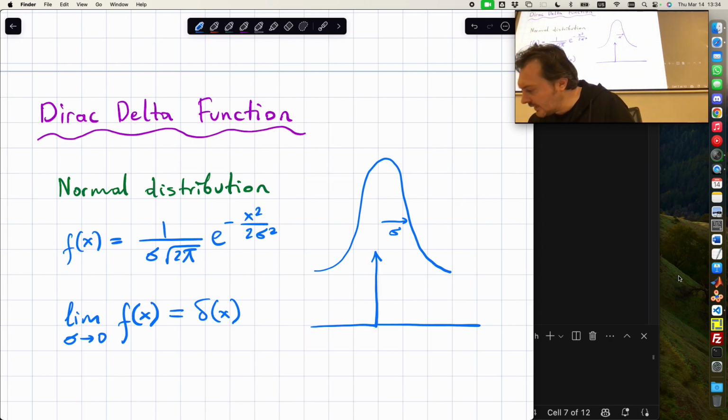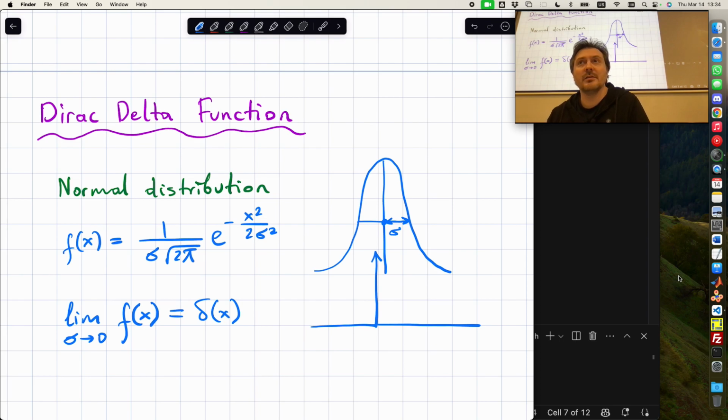So what Yusuf is saying is that if you take this height right in the middle and measure this, is it going to be sigma? No, it will be e to the minus 1/2 divided by square root 2 pi, and it's not necessarily sigma.